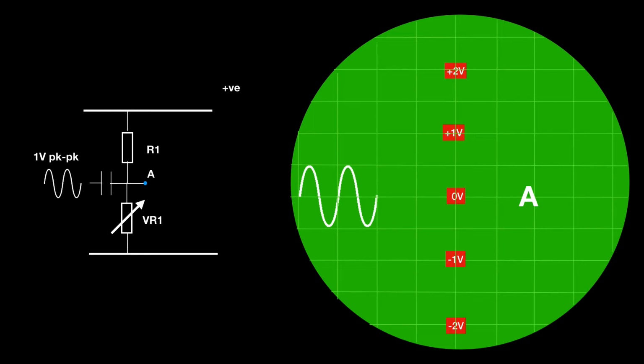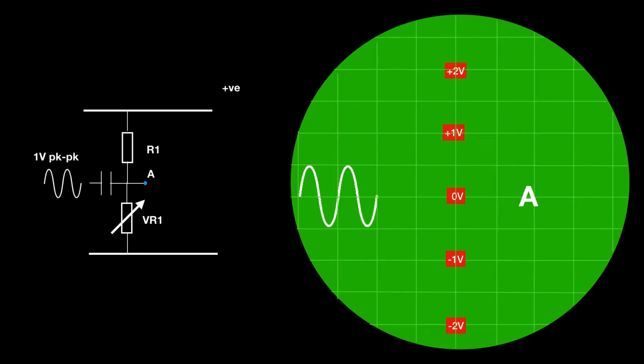Plus half a volt meaning 1 graticule division, and minus half a volt being 1 graticule division in the opposite sense. So there's a signal swinging around the 0 volt line, going plus a half and minus a half, in other words 1 volt peak to peak.